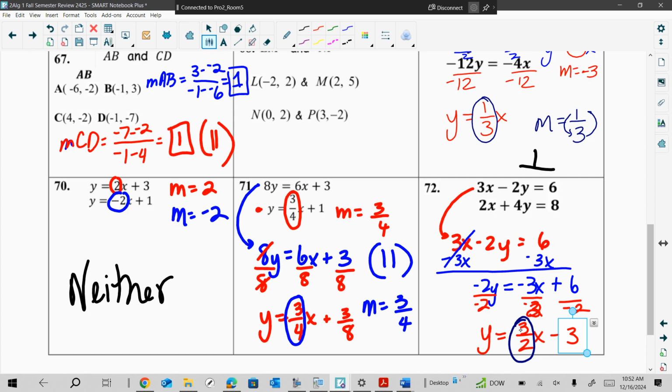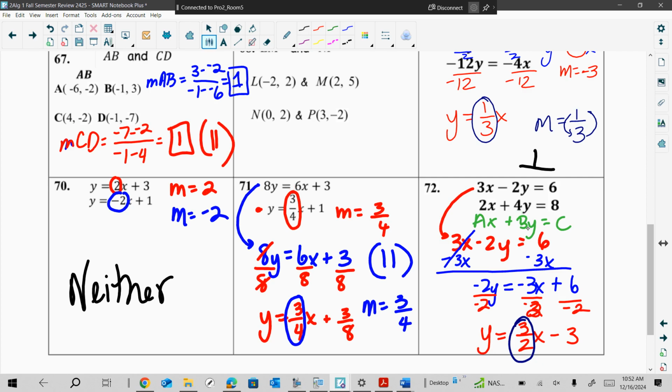Now, on previous videos, and I haven't really stressed this in this class yet, there is a shortcut whenever it's in standard form to get the slope. Standard form is when I have ax plus by equals c. I'm lining it up because I need you to see who is the a and who is the b.